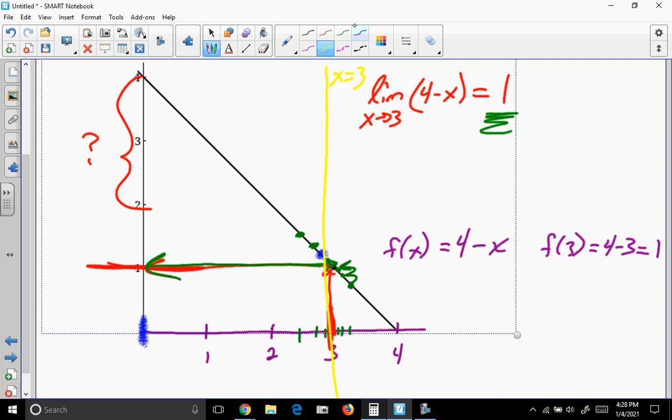As we slide down the graph and we get closer and closer to that x value of 3, we're also getting closer and closer to this y value of 1. And that occurs from both sides. If we follow this line and we let it get closer and closer to the yellow line, we're also getting closer and closer to y equals 1.